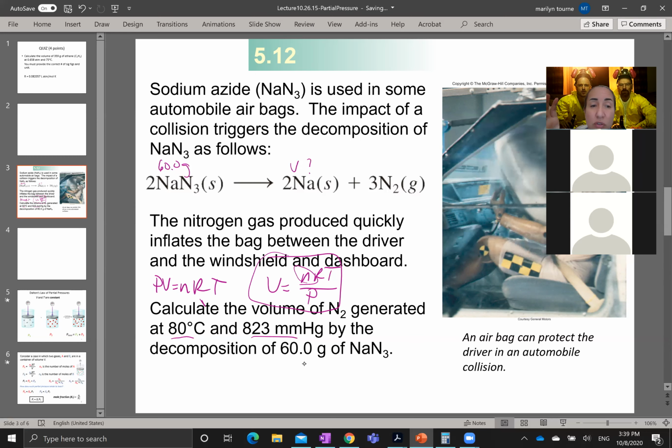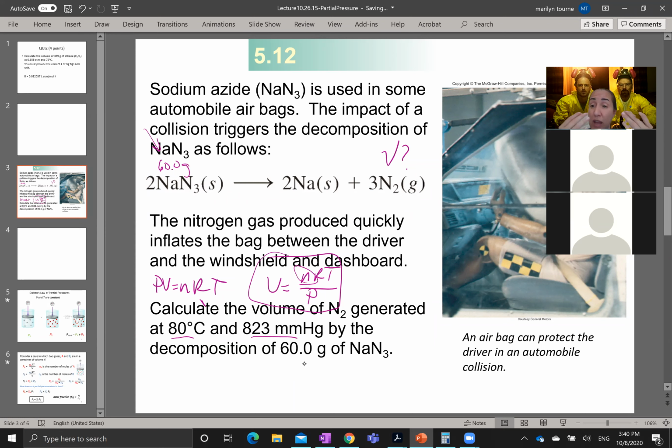But the first thing you should do is convert, because you have information about a reactant, but they're not asking you about a reactant. Oh, and it's this guy, sorry, volume of this guy. They're asking you about a product. So first, convert the grams to moles of NaN3.